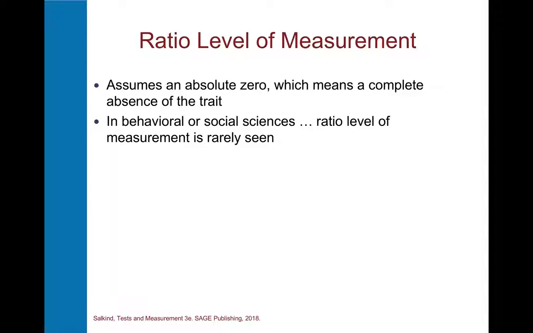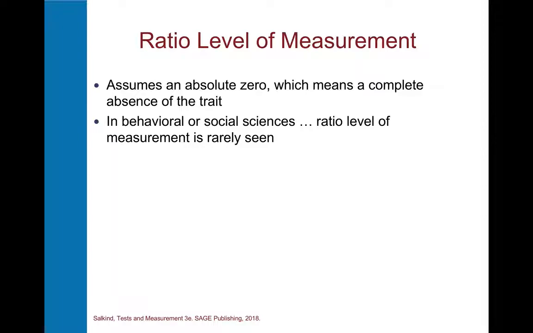Salkind, your author, makes the argument that in the behavioral and social sciences you rarely ever see ratio levels of measurement, because of the types of constructs that we typically measure. So if someone got a 0 on an intelligence test, does that mean that the person has 0 intelligence?